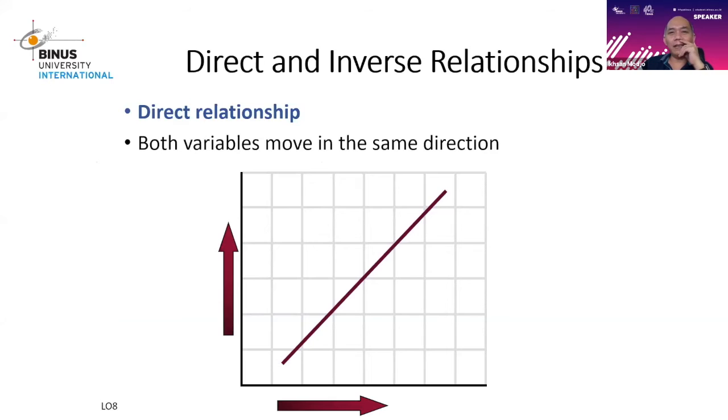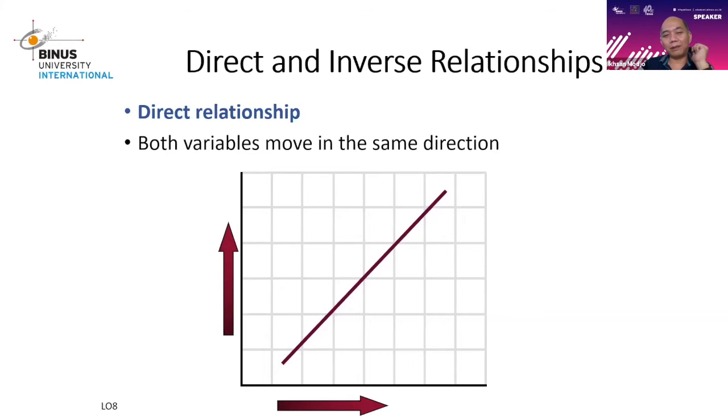So, what kind of relationship can we have? We can have what we call a direct relationship, or in other words, where both variables move in the same direction. The direct relationship, or what we can also call a positive relationship. So both variables move in the same direction.